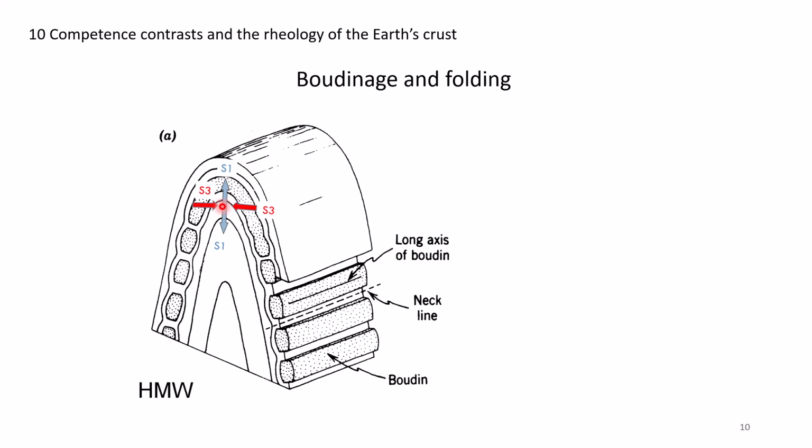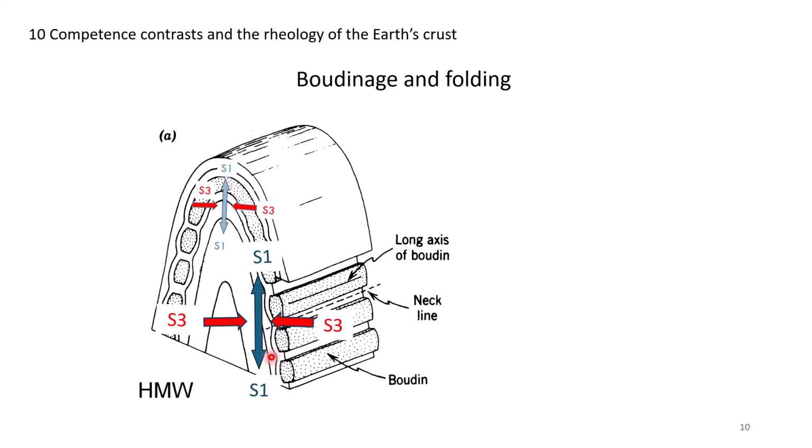That does not help to make boudins, because boudins require that the stretching occurs more or less parallel to the layer. And that applies to the limbs of the fold. In the limbs of the fold, obviously, the layer orientation is different, and we assume that the shortening direction is the same as in the hinge. If we apply this to the limb of the layer, we see we have perfect conditions in order to form boudins.